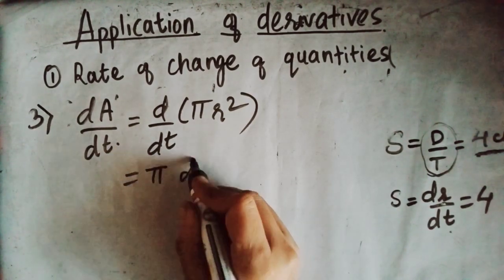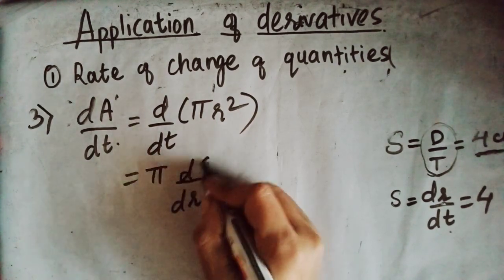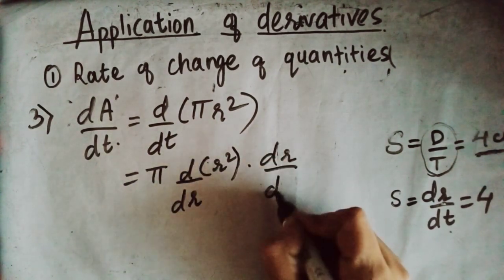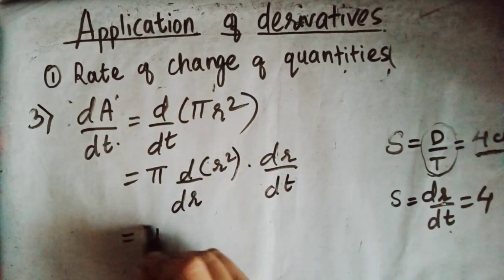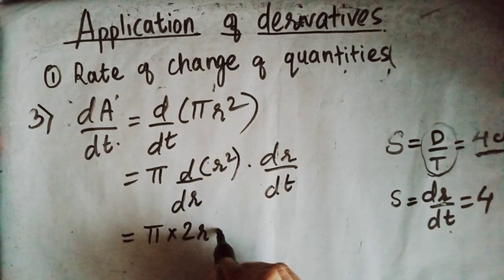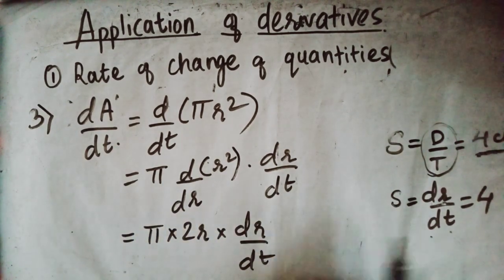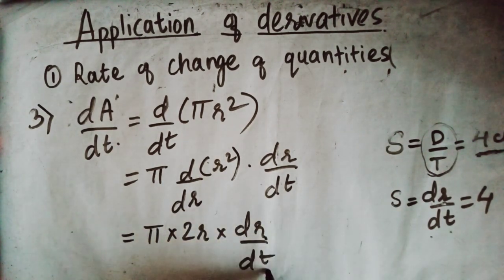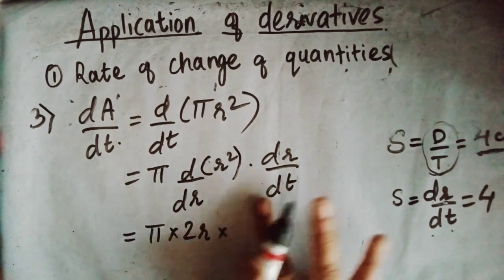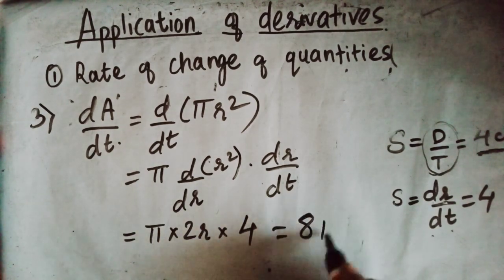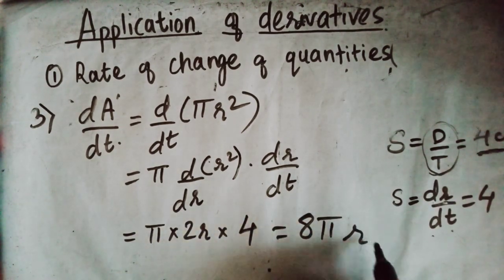So first will be the derivative with respect to r square, and then dr by dt. So this will be into 2r dr by dt. Now since dr by dt is given, that is the rate of change of radius with respect to time, which is our speed, I can substitute 4 here. So this will be 8 pi r.